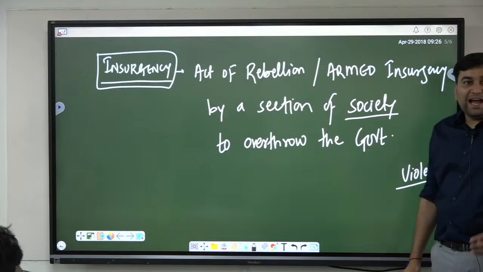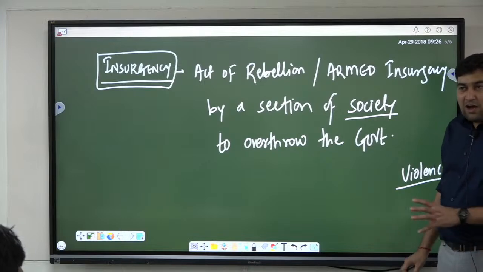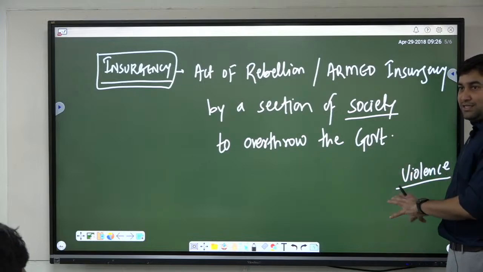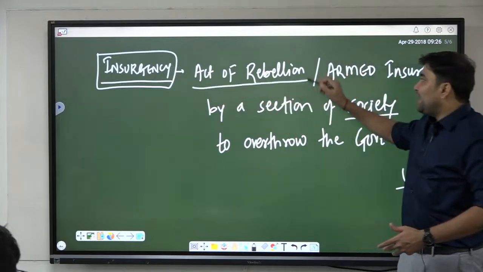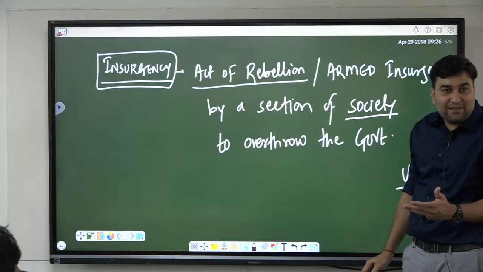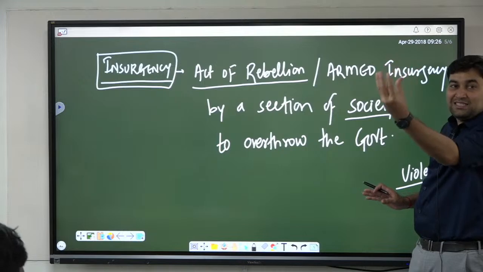Violence in the form of attacks, raids, sabotage, kidnapping, extortion, multiple types of violence are there. All the types of violence these insurgent groups commit, that act of violence we call an act of rebellion. That means a group of people are rebelling against the main state, that is the government.